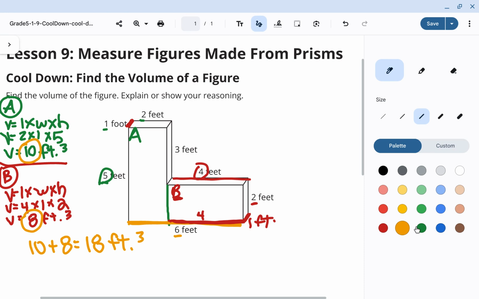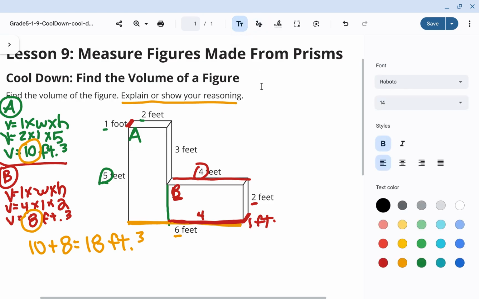Now, everything that I have thus far on the page is really like the brainstorm that has led to this moment where I'm ready to explain or show my reasoning, because I know what my answer is and I've clearly understood. I've made a plan, I've carried out my plan, I've found my final answer. So now I'm ready to type out what that explanation is.